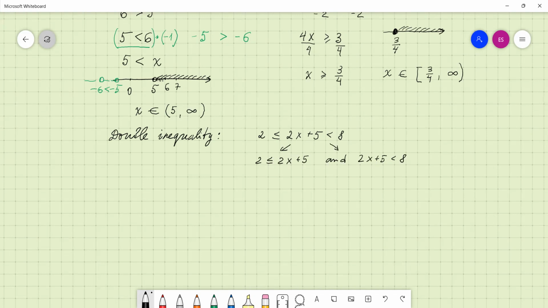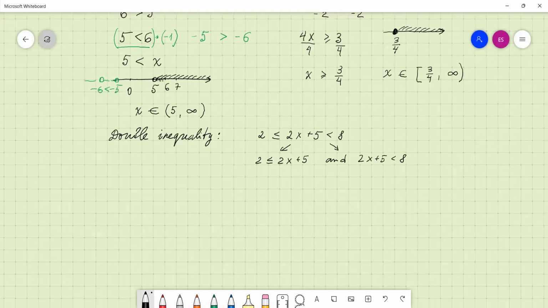If you look at the inequality signs, you see that here we have less than or equal, and here we have exactly less than. So different sides are going to have different coloring for the ending points. Now, how do we solve this inequality? Well, the same way we solve an equation, just now we are applying the same operations to all three parts of the inequality.